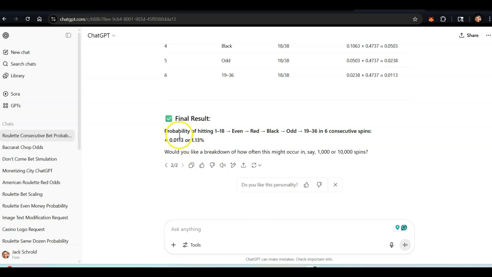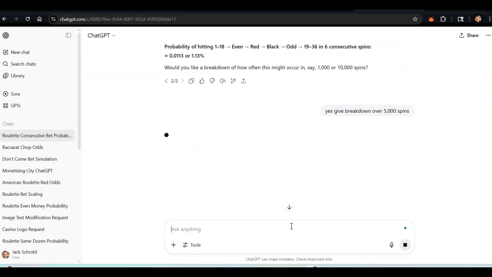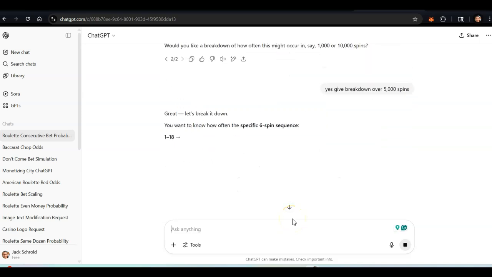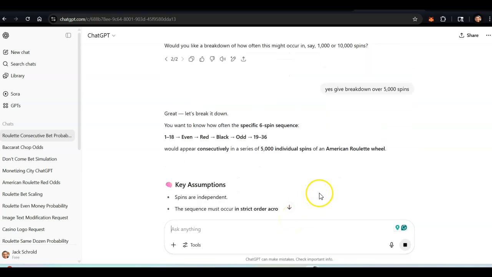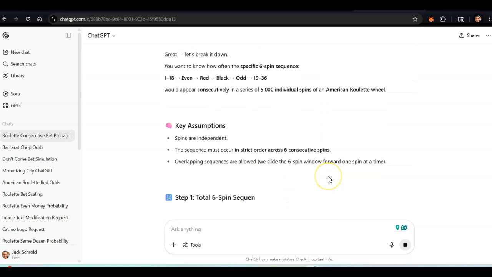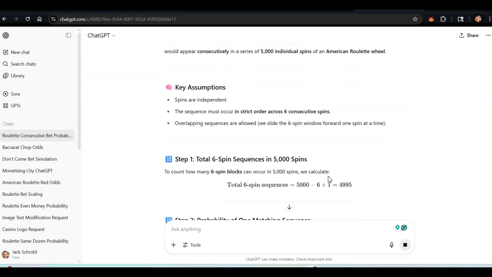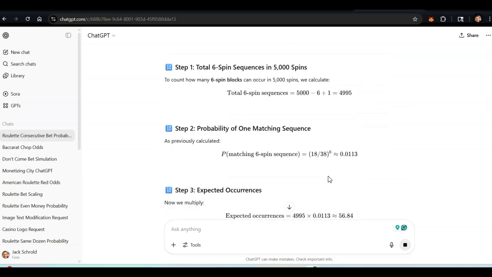Now, this is kind of interesting. It's asking would I like a breakdown of how often this might occur. So let's say, yes, give breakdown over 5,000 spins. And let's see what it tells us. This should be very interesting because math in big quantities, in big data, doesn't lie, right?